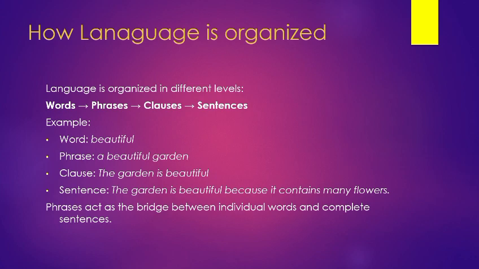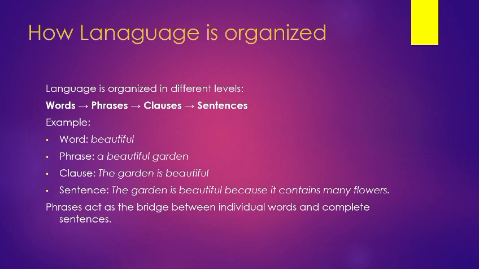So there are different types of phrases, and here I have mentioned different examples. So we have a word beautiful, or we have a word intelligent, or we have a word girl. But when we combine these two words, girl and intelligent, we'll have a phrase which is intelligent girl. So this is a phrase.